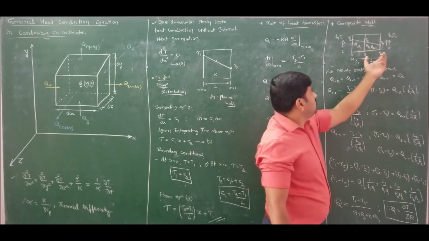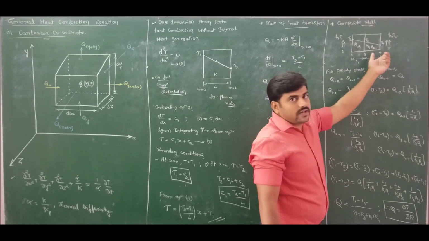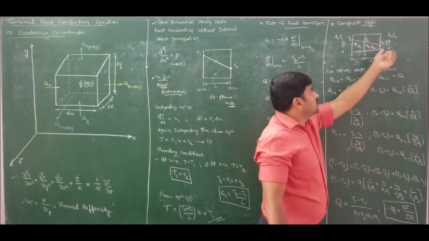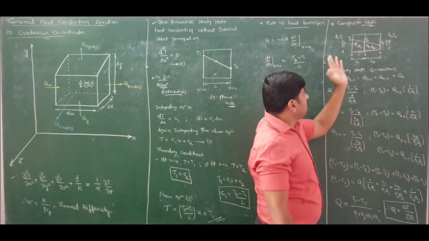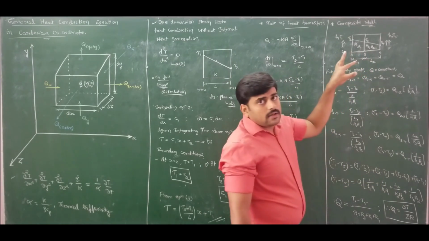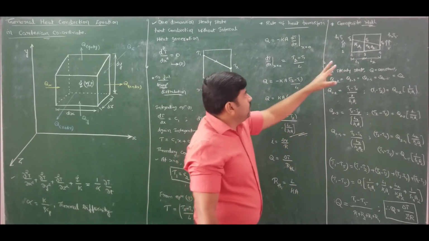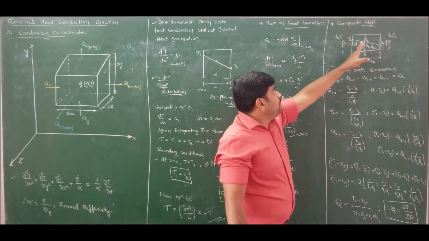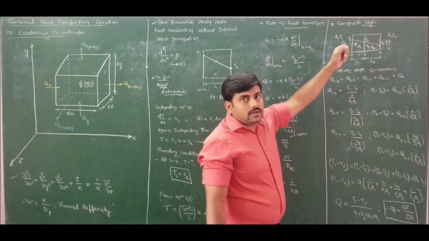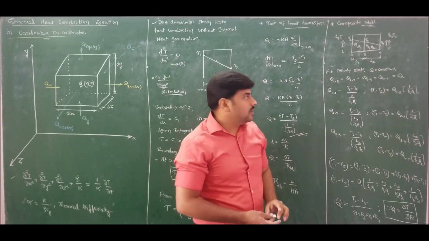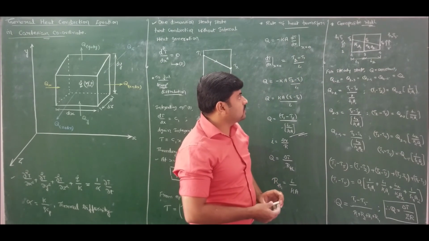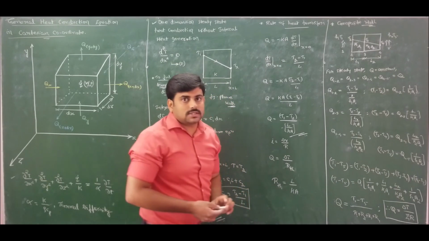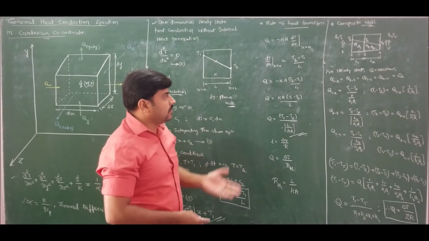Between 3 and 5, it is T3 minus T5 divided by R3 plus R4. So you can write between any two points. It need not be consecutive; it can skip one unknown temperature in between. This helps us to solve various types of problems on composite walls. Once I take up problems, this will become more clear.